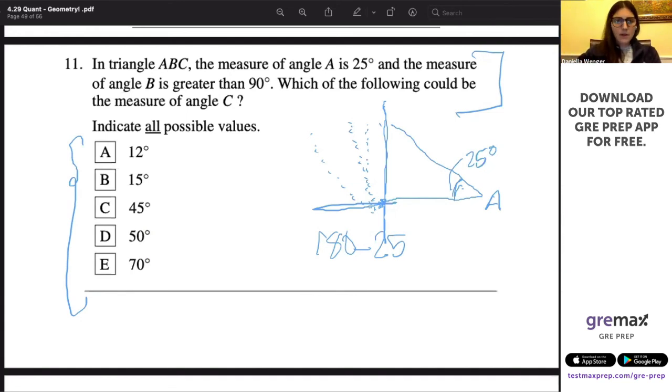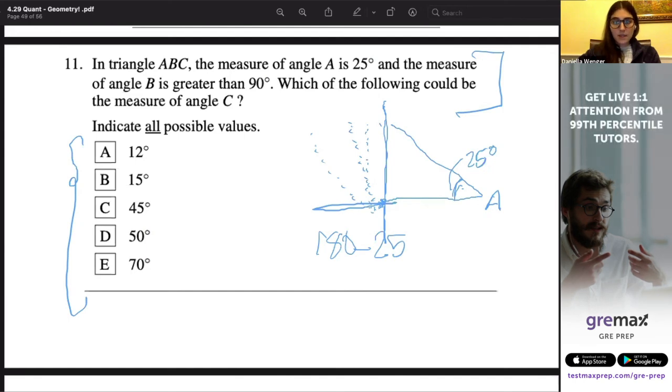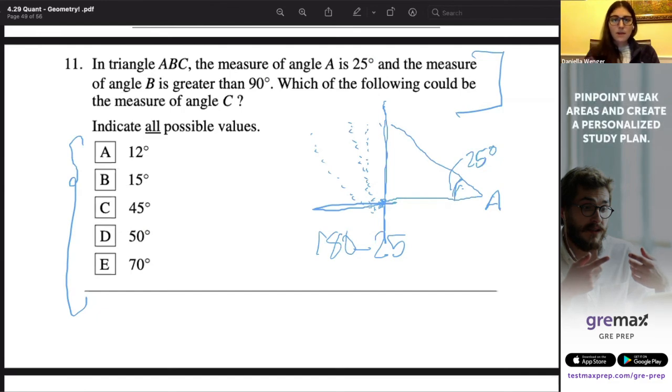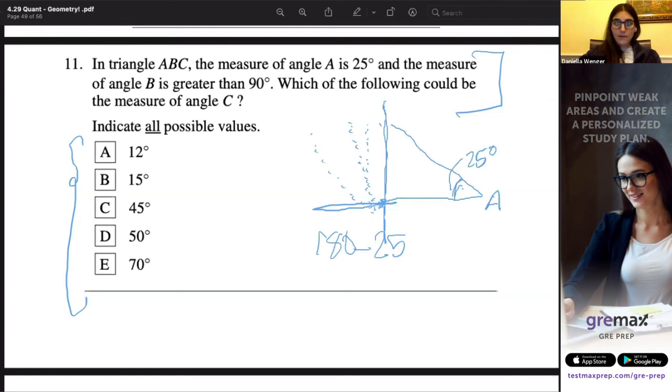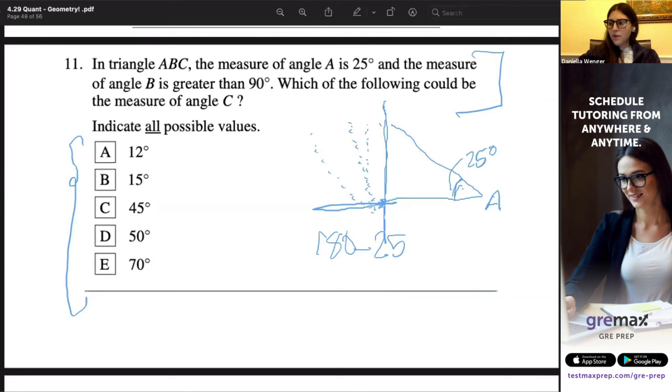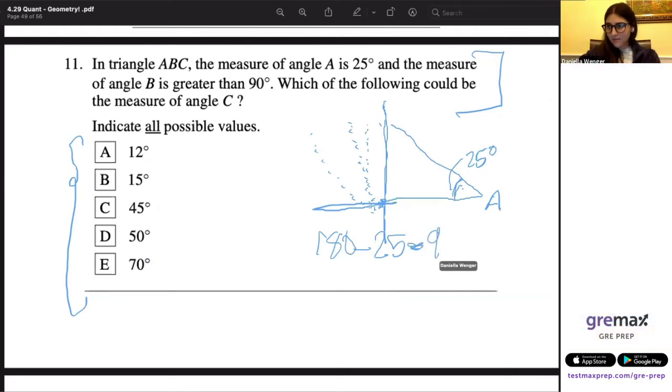And remember here, we're solving for the measure of angle C. So we're trying to figure out which of these measurements, A, B, C, D, and E, could be the measure of angle C. So we're taking away 25 because that's taking away from the total. Also, we know it's greater than 90, so we're going to take away 90 degrees.